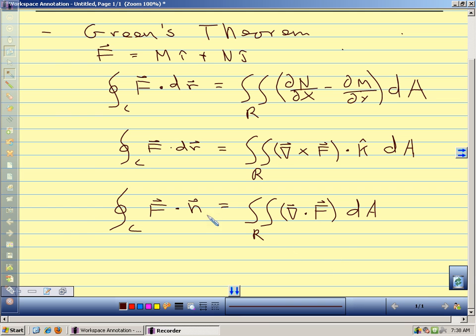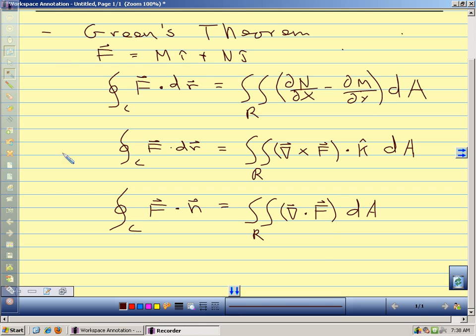This is the divergence theorem in the plane, and we're going to extend it into 3 dimensions. That gives us the divergence theorem.